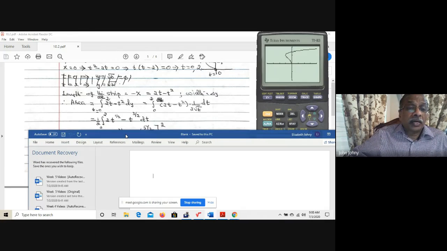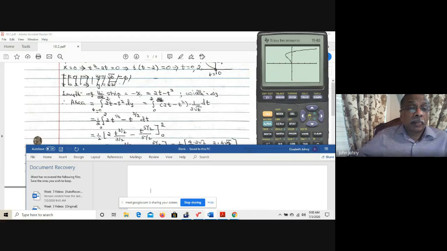So 1/2 times t divided by square root of t is t to the 1/2. T square divided by square root of t is t to the 2 minus 1/2, that is 3/2. So this is 1/2, integral from 0 to 2.